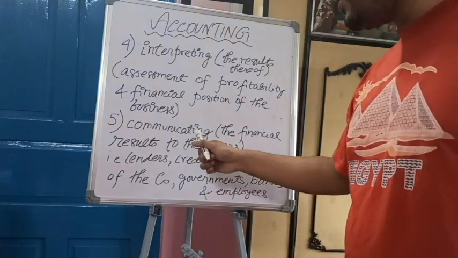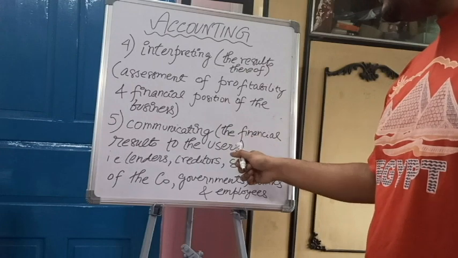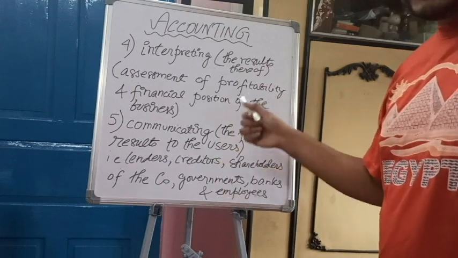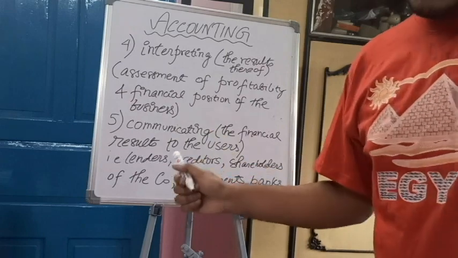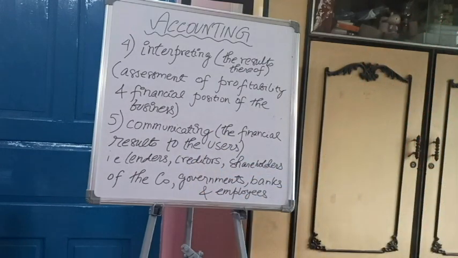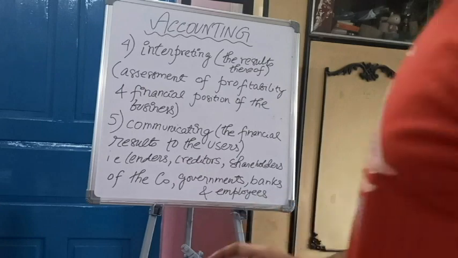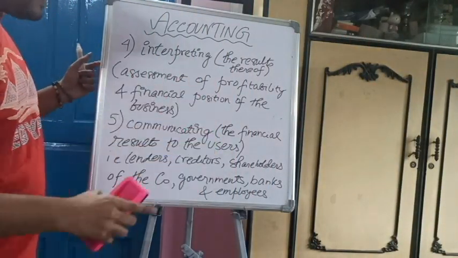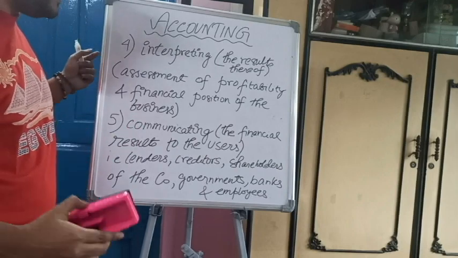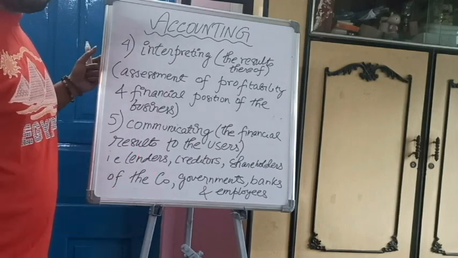What is their purpose? To communicate so that these users can take decisions. For decision making purposes, these are communicated. Fine. Please note down this point by pausing your video.